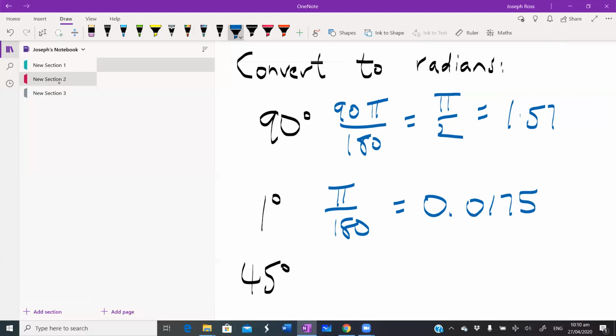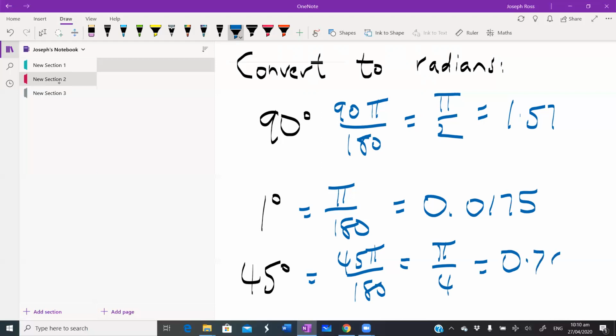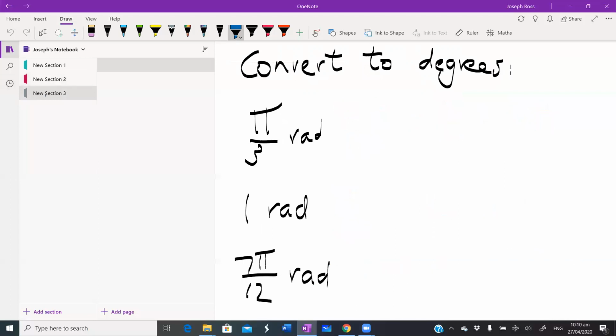And 45 degrees is equal to 45 pi over 180. And 45 over 180 actually simplifies to 1/4. So this is pi over 4, which, if we work this out as a decimal, we would get 0.785.